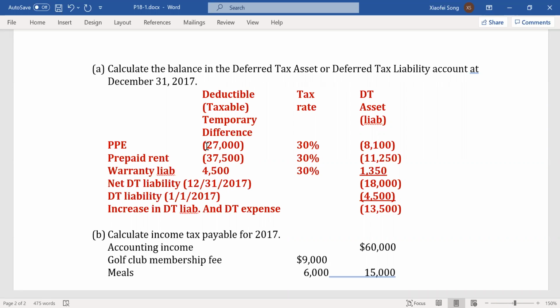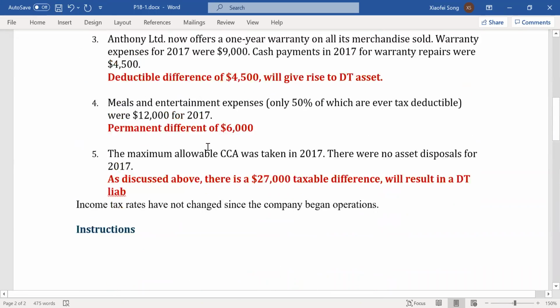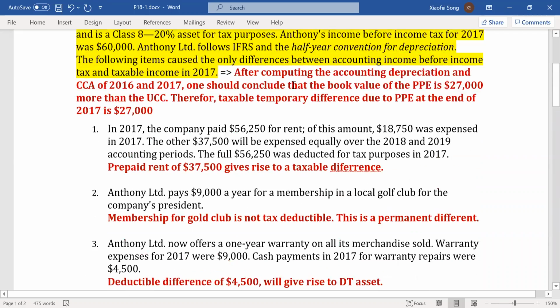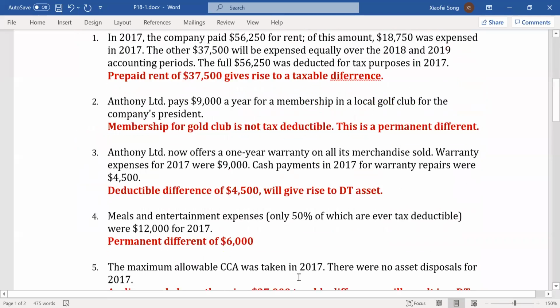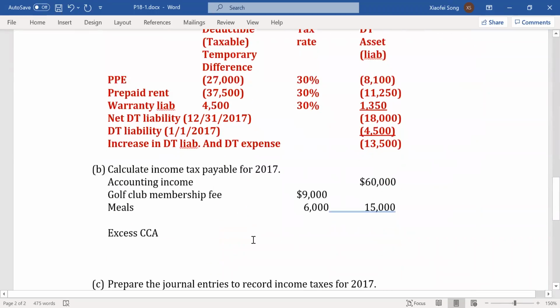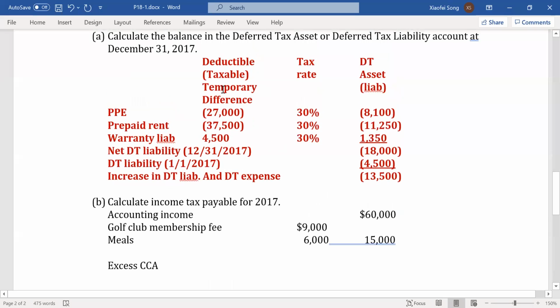4,500 was the deferred tax liability, right? So that gives rise to, oh, here we go, 4,500 deferred tax liability divided by 30%. So that gives us 15,000, right? And now the difference is 27,000.